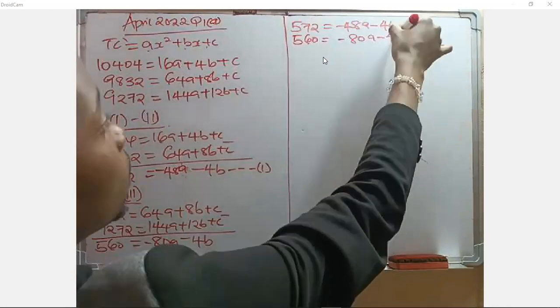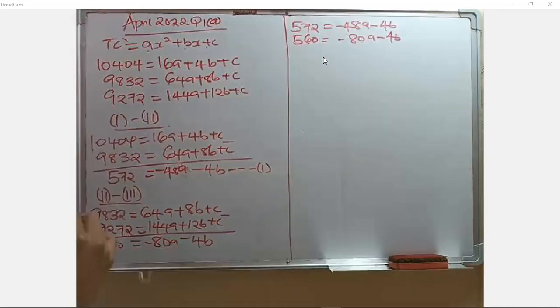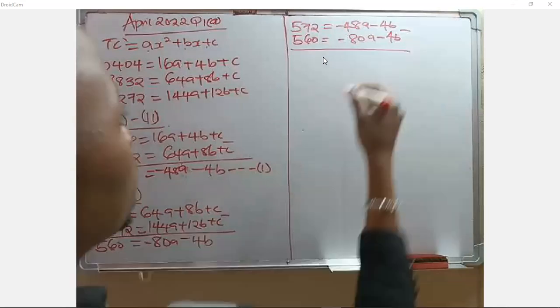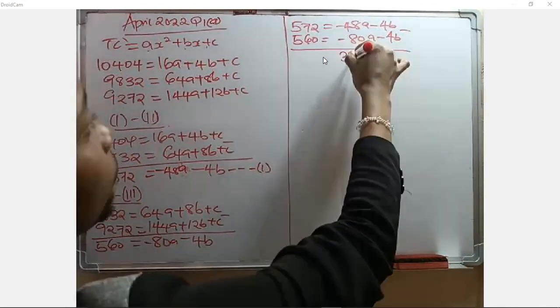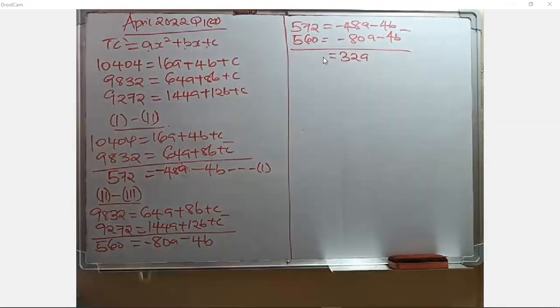Once I subtract, I will be able to eliminate B, since negative 4 minus negative 4 gives 0. But negative 48 minus negative 80 gives 32A, which equals 572 minus 560, which is 12.